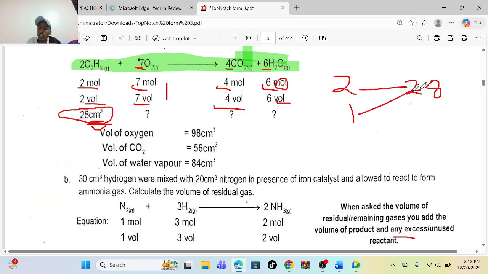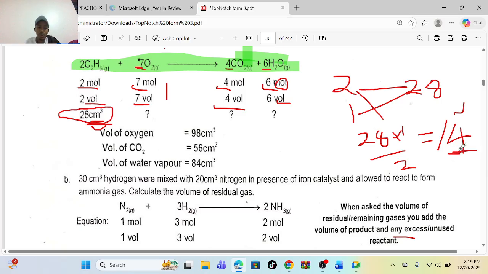So you cross multiply it. It will be 28 times 1 divided by 2, so it will become 14. Meaning that one volume is 14 centimeter cubic.